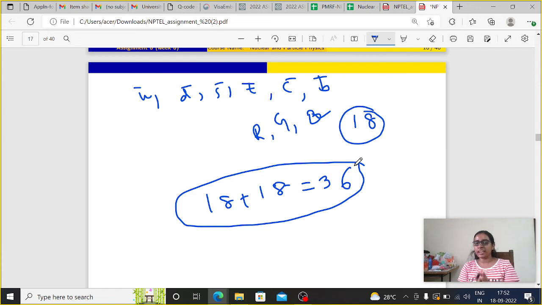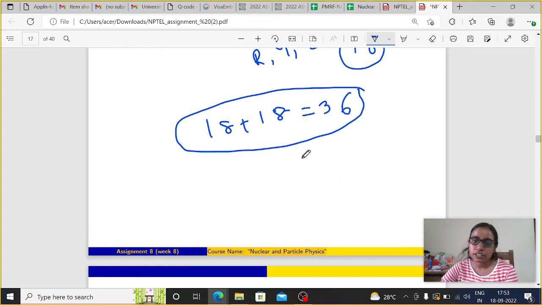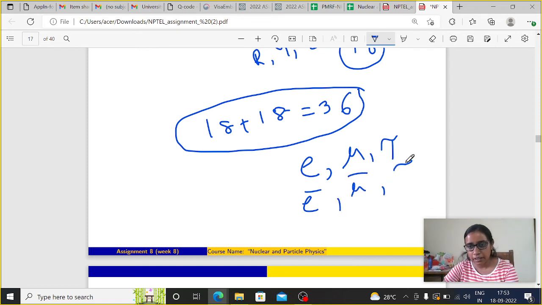So when we are drawing that elementary particle physics classification, we will talk about 2 fundamental particles, one is quark and another is lepton. But in quark there will be 36 combinations, and in lepton there will be 12 combinations. How will 12 combinations be there? Because electron, mu, tau, 6 combinations will be there including e bar, mu bar, tau bar.